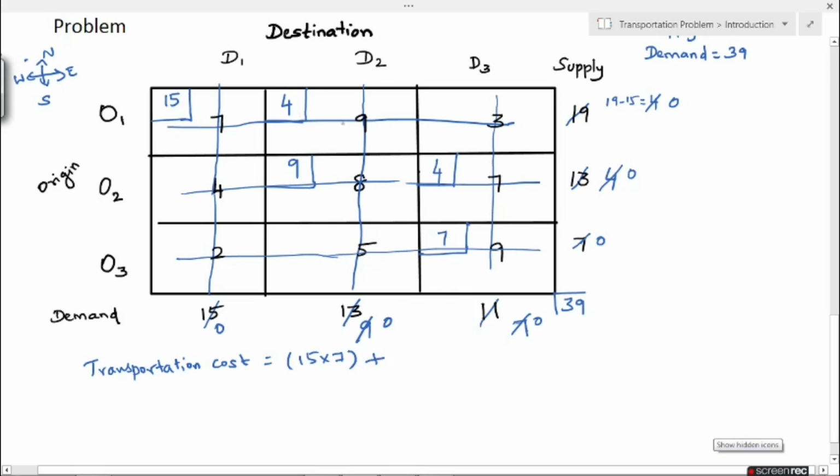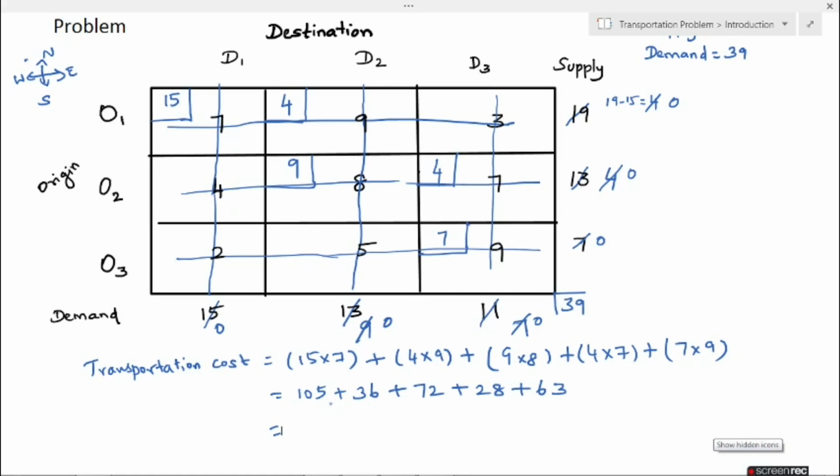In the second cell, we have 4 and 9, so 4 is the number of units shipped and 9 is the cost price. So 4 into 9, plus the third one, that is 9 into 8, plus the next one, 4 into 7, plus the last one, 7 into 9. We have to multiply all the values and add them.